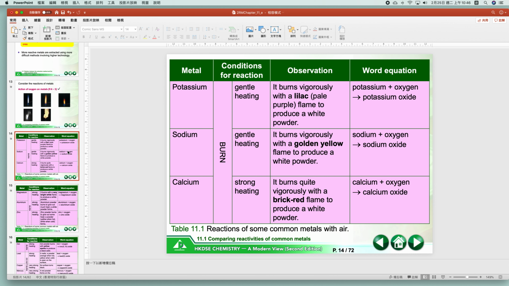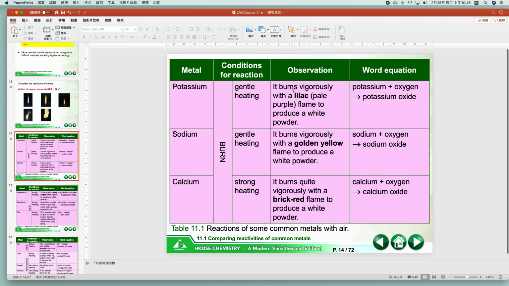In this part, of course, we have to study well how they behave when they are burnt on a Bunsen flame. For example, you may be asked how potassium behaves when it is burned on a Bunsen flame.